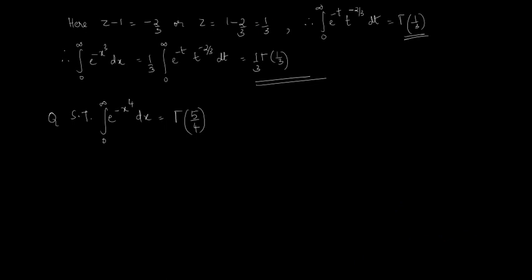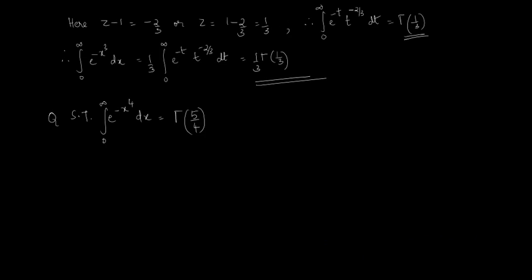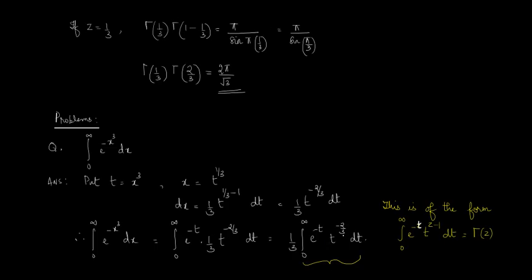So what does this integral represent? This integral represents gamma function, gamma of z, right? So this integral would represent gamma of 1 by 3. I hope it is clear. Just compare this integral with this one. You can see that here you have e raised to minus t, that's there. And instead of t raised to z minus 1, you have minus 2 by 3 in place of z minus 1.